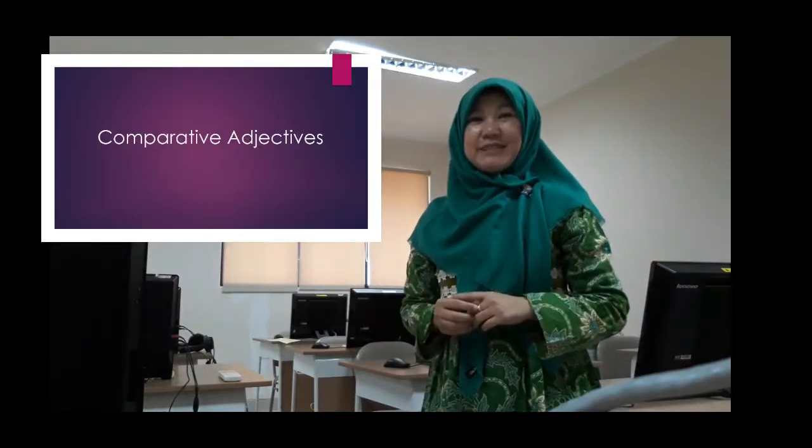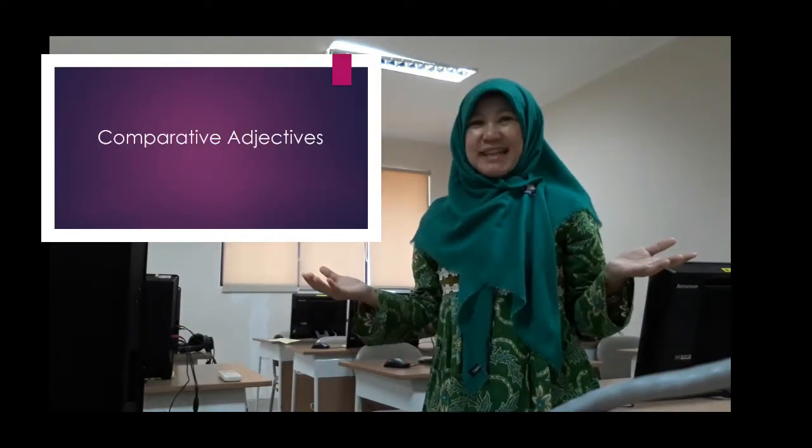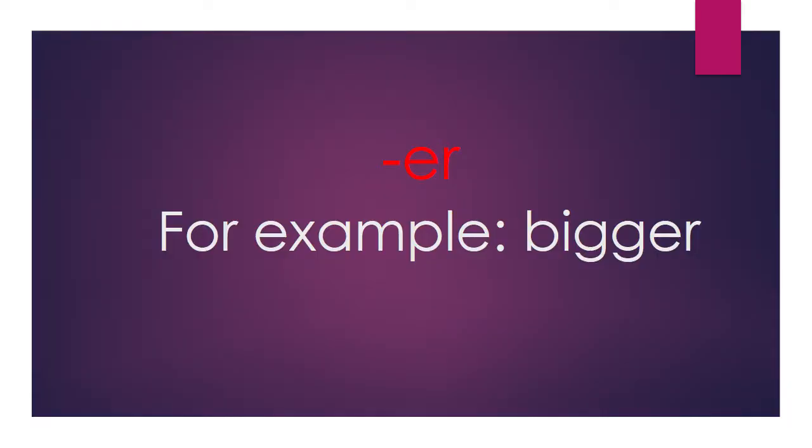Okay, it's time now to discuss comparative adjective. What are comparative adjectives? Comparative adjectives are adjectives used to compare things. So there are two kinds of adjective in this case, one syllable adjective and more syllable adjective. Normally in one syllable adjective, you can simply add er or r to the base word.